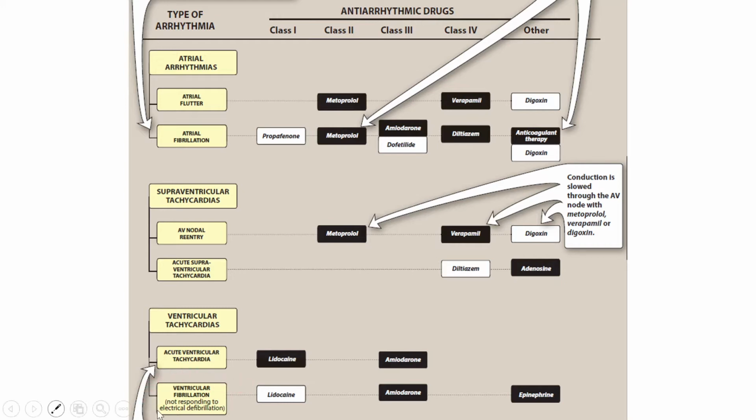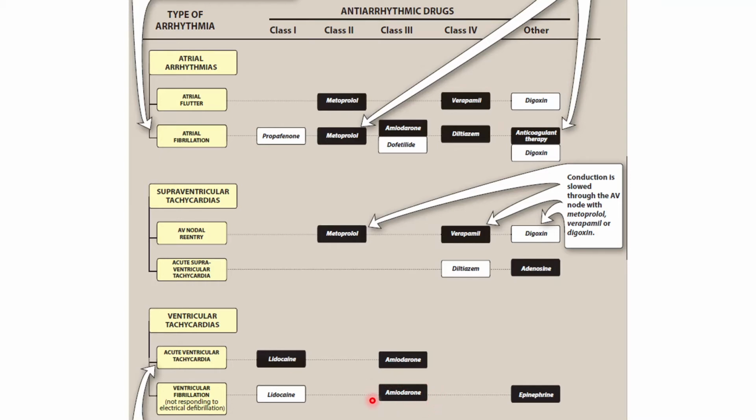But for the ventricular fibrillation it is not effective and also dangerous. That is why it should not be used. But epinephrine can be injected intravenously, and amiodarone is also indicated for the treatment.